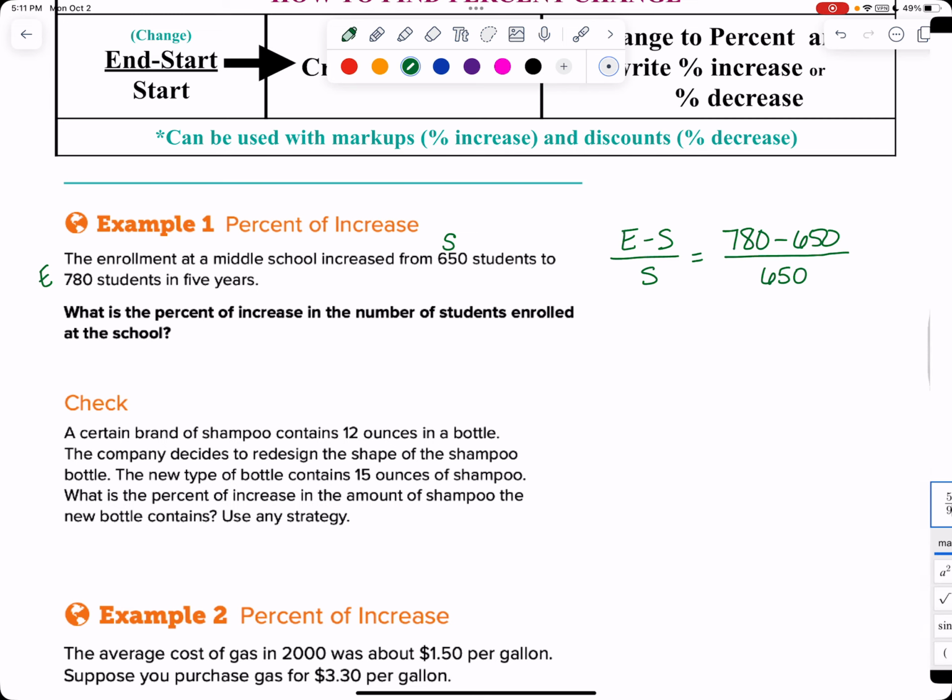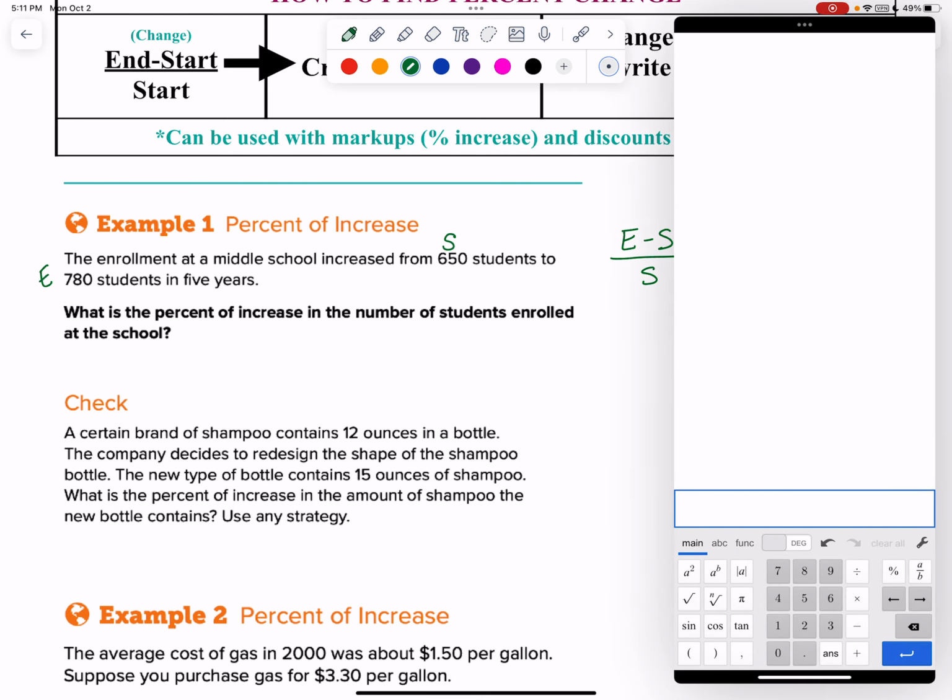So let's see what we have. 780 minus 650. So we have 130 divided by... I guess we could use parentheses to do that. 780 minus 650, end minus start, end parentheses.